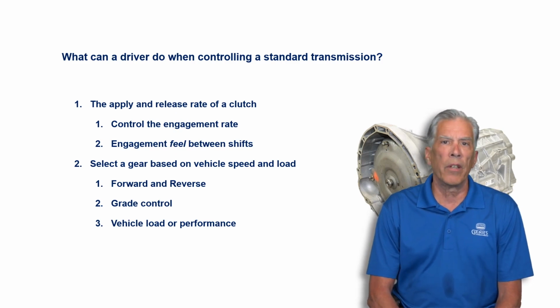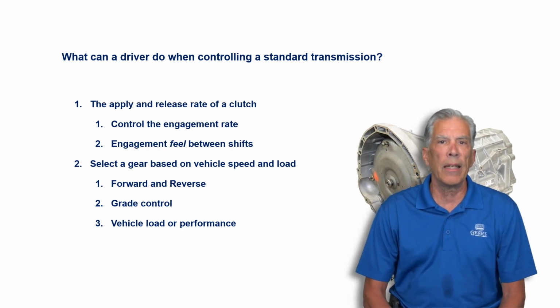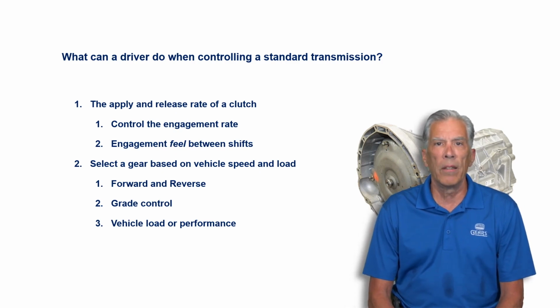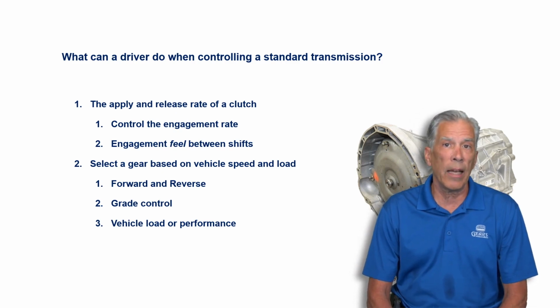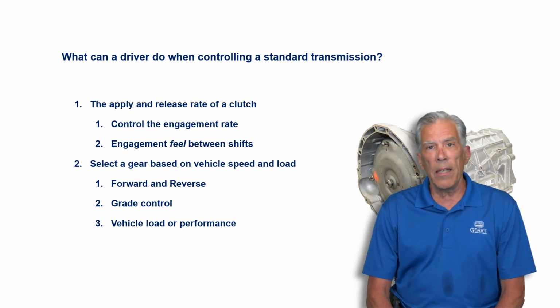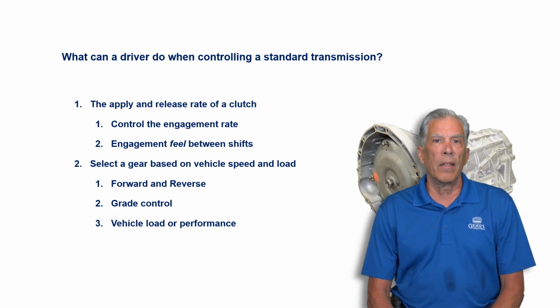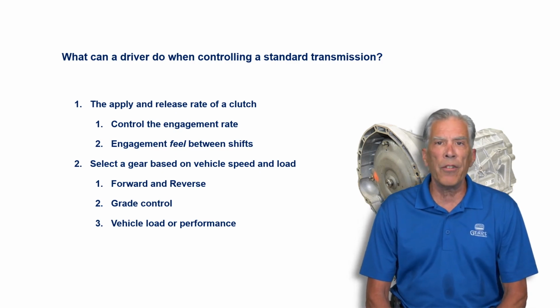Grade control. They're going to operate the transmission differently if they're going up a grade versus level ground. In addition, they're going to control it differently if they're going down a grade. And then they can also vary their shifting based on the load.